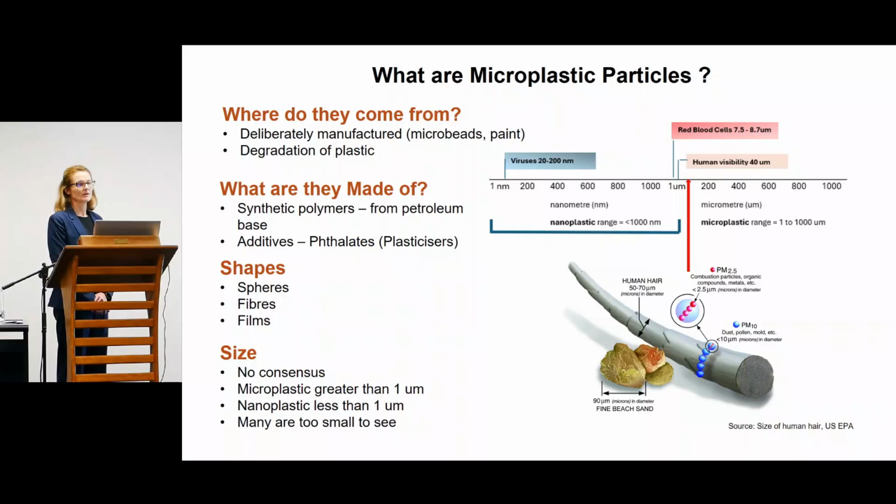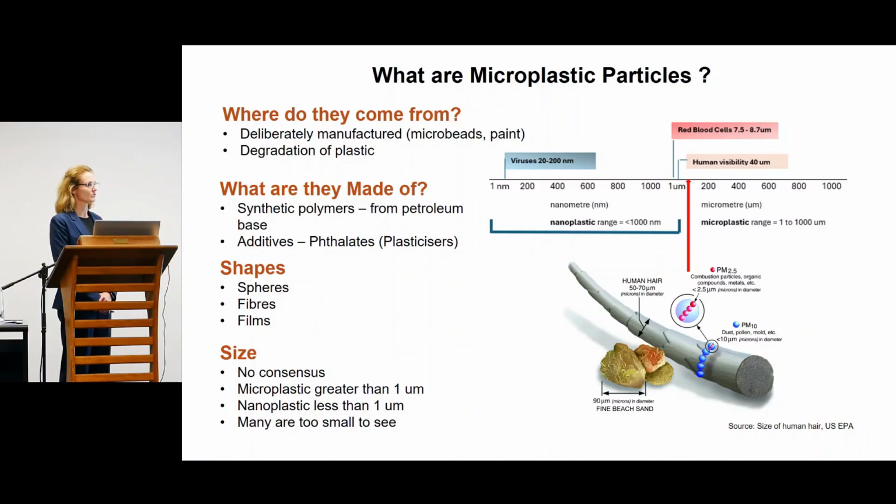They are made of synthetic polymers from a petroleum base, and they also contain additives such as phthalates, also known as plasticizers, which give the plastic its functional and structural qualities, which I will talk about a bit later.